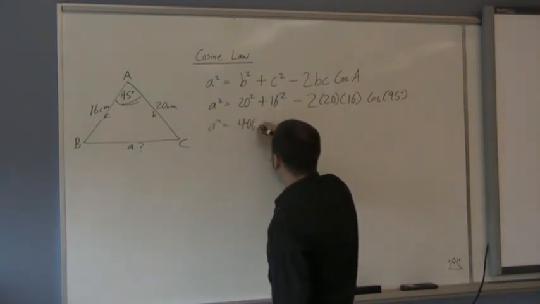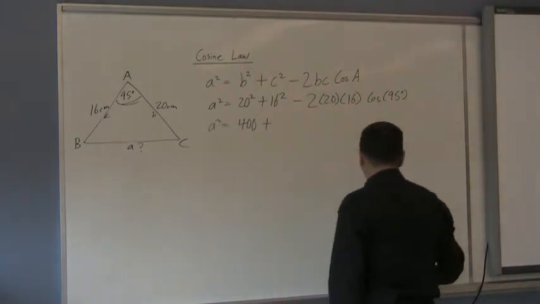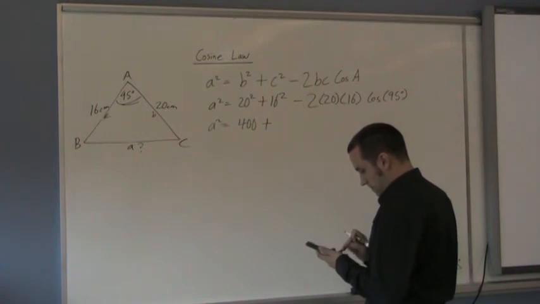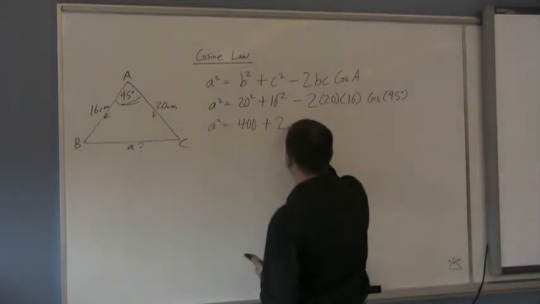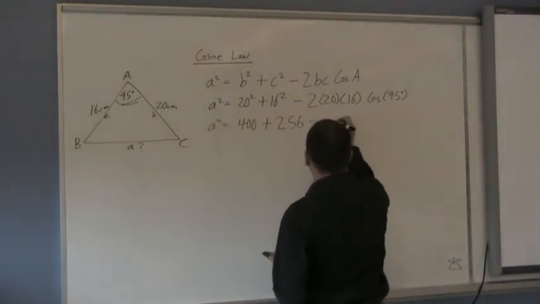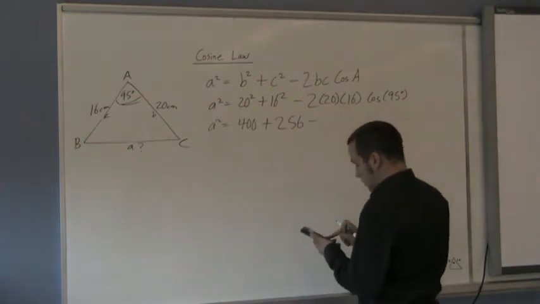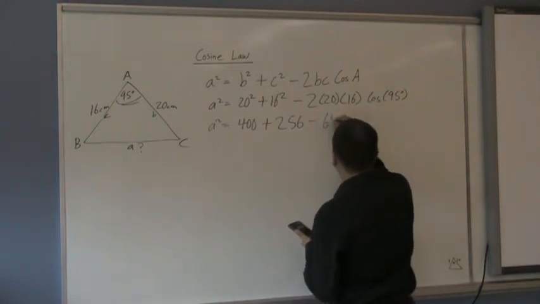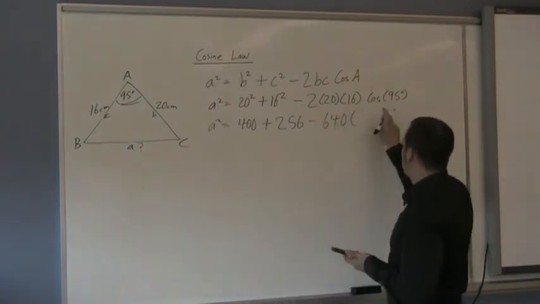This is going to be 400 plus 16 squared, which gives you 256, minus 2 times 20 times 16, so minus 640 times the cos of 95.